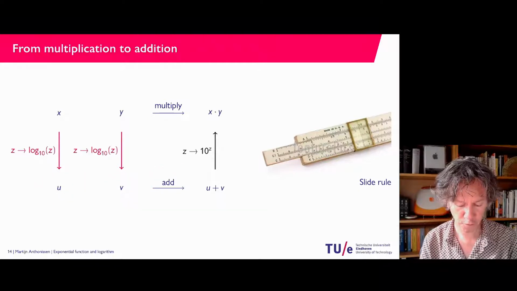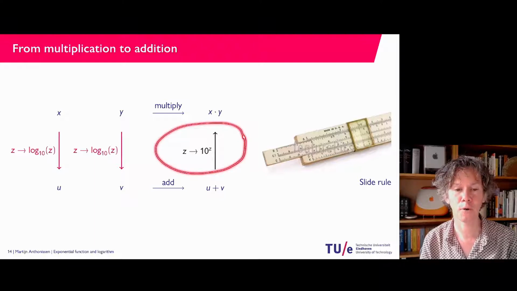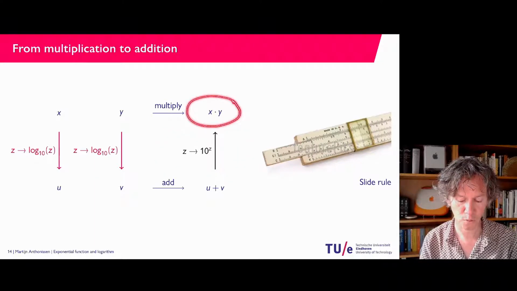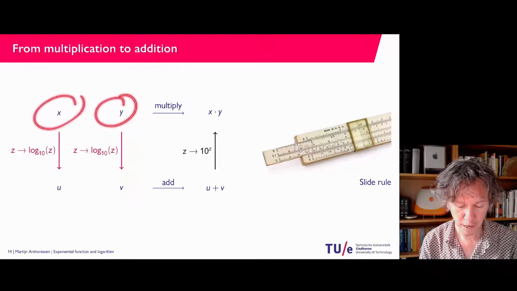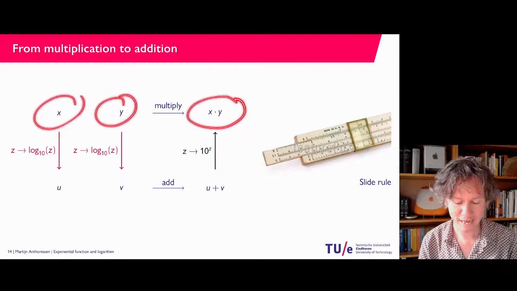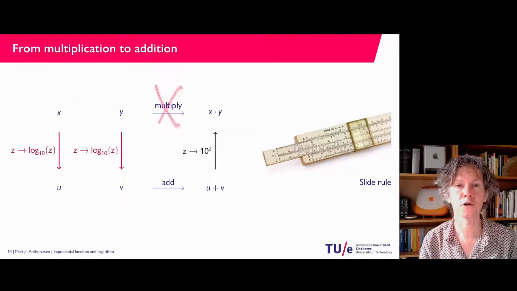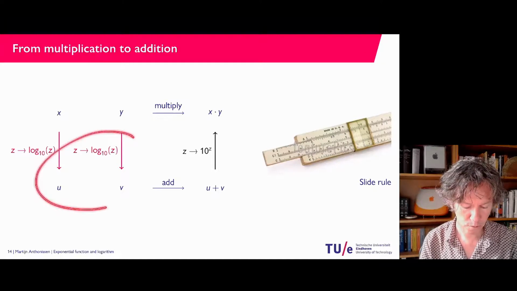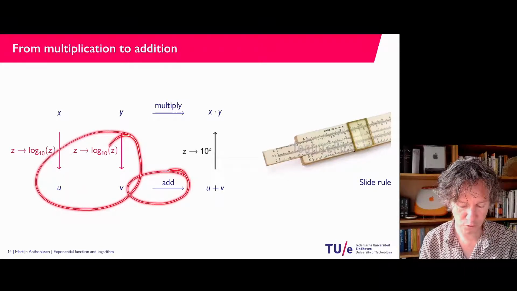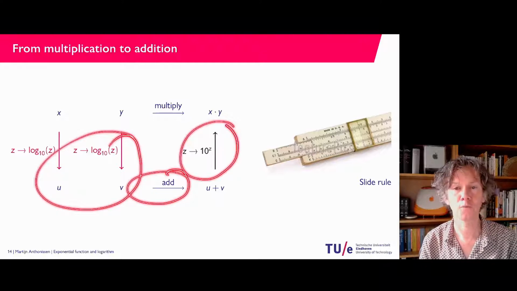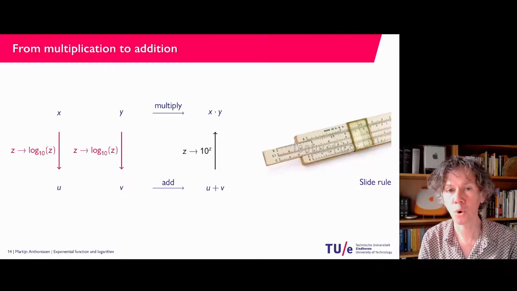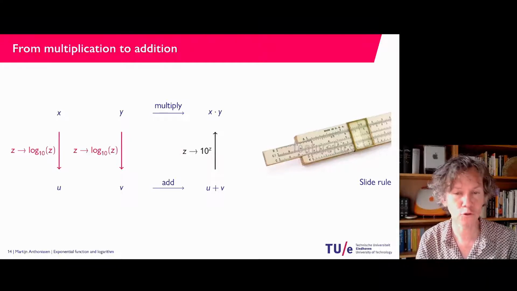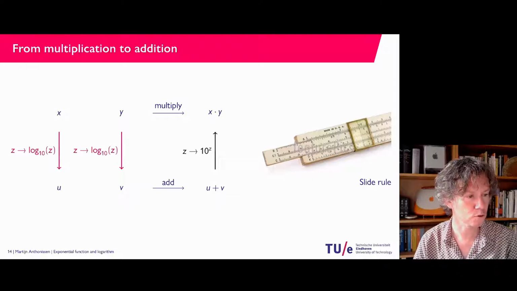Then you do the inverse: here is a red arrow computing the logarithm, here is a black arrow doing 10 to the power z, and then you can find x times y. So if you have two big positive numbers x and y and would like to find x times y, instead of doing the multiplication, we take logarithms, add u and v together, and then go back, and then we can also find the product. And that is one of the reasons logarithms have been introduced into mathematics, and how they are being used.